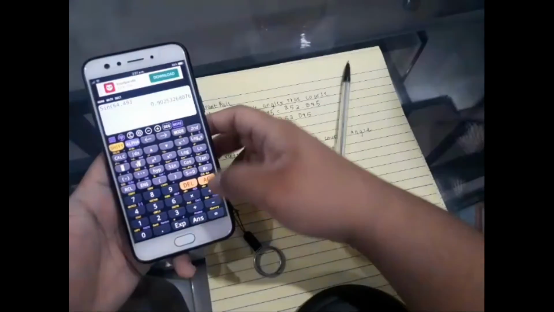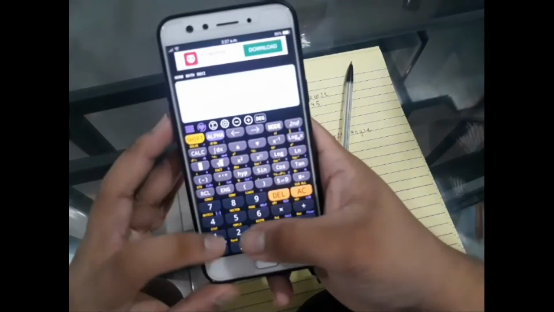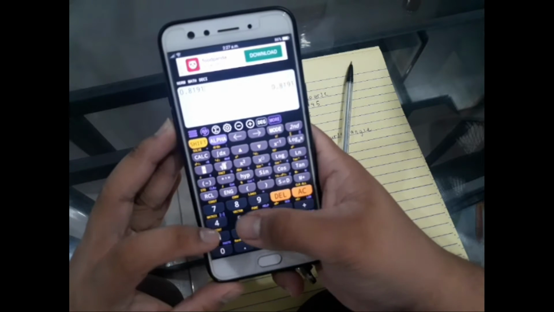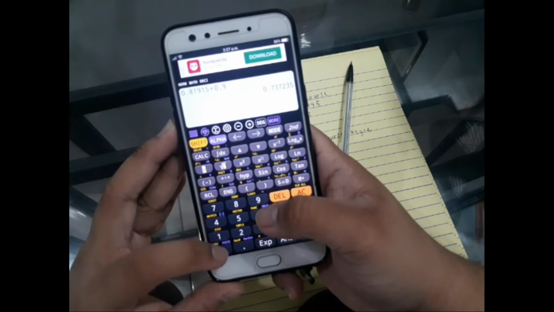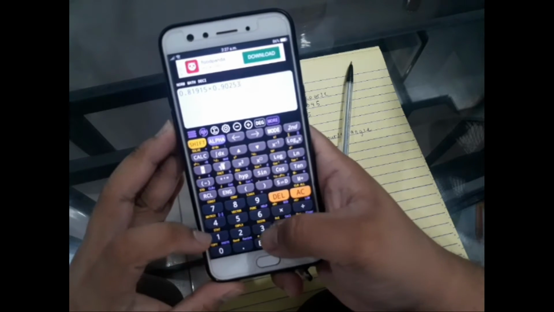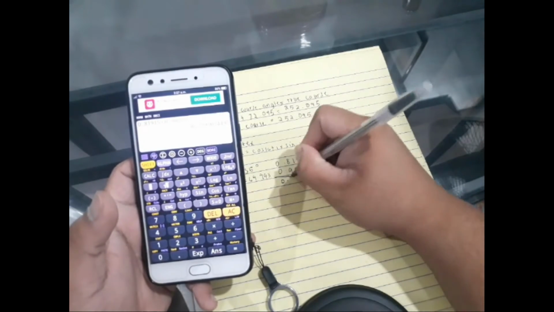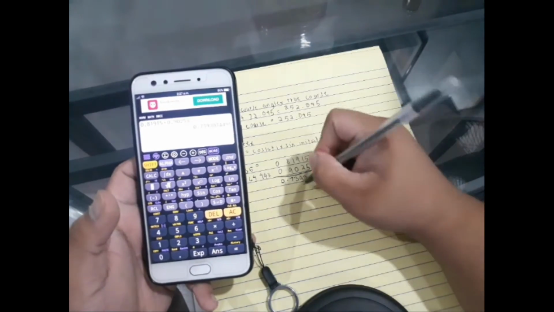So 0.81915 times 0.90253 is equal to 0.73931, rounded off.